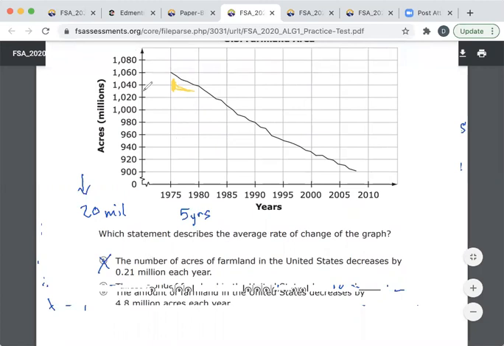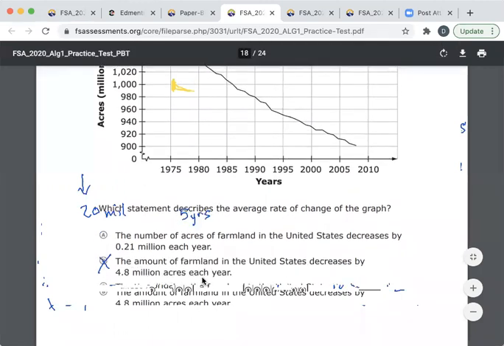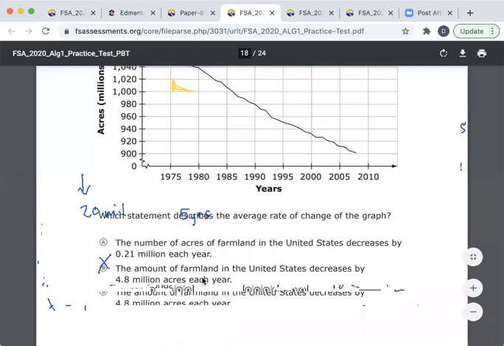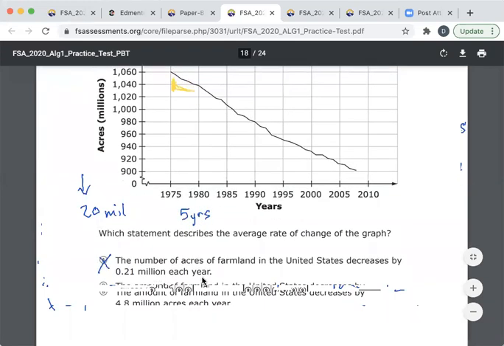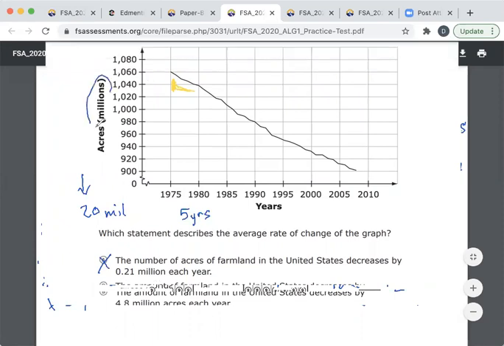And then D says every 5 years, the amount of farmland decreases by 20 acres. That's also not correct because it's in millions, not just acres. So the correct answer is B. That's the only one that most accurately describes it.